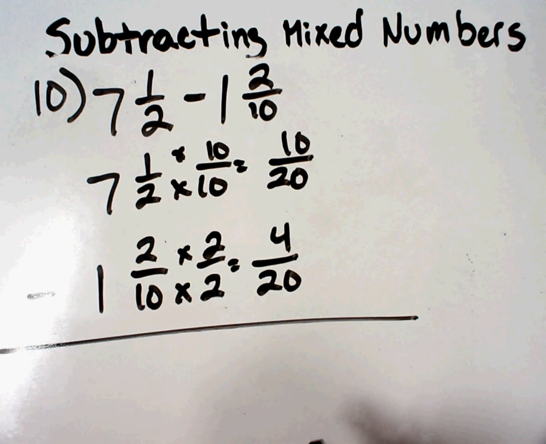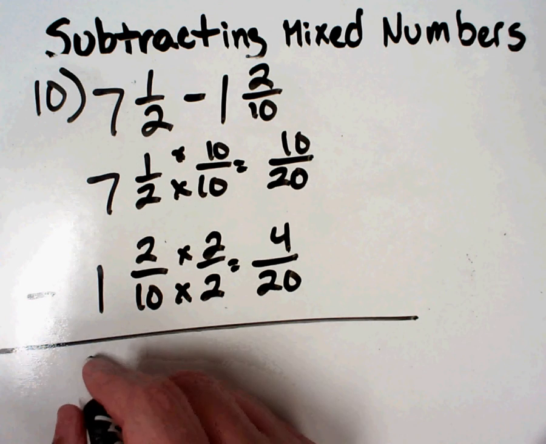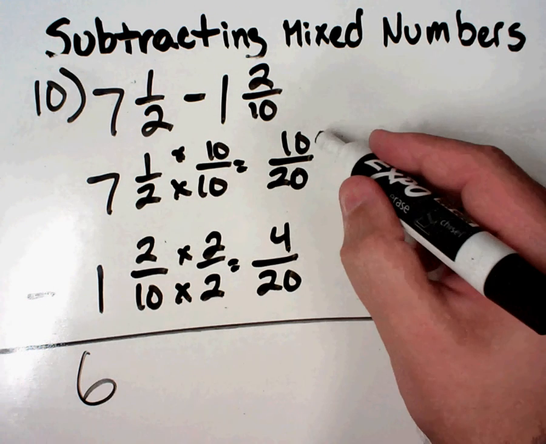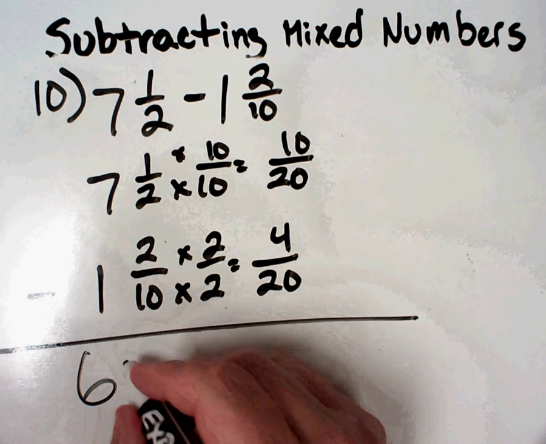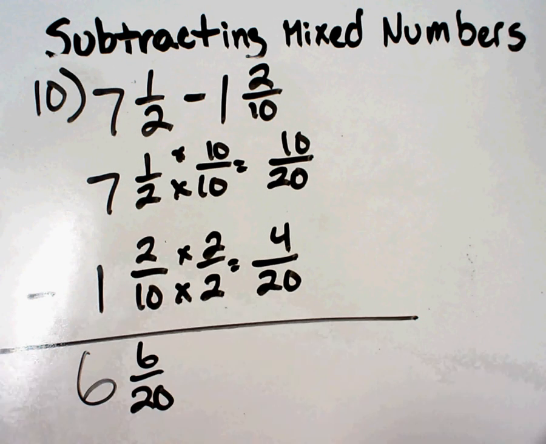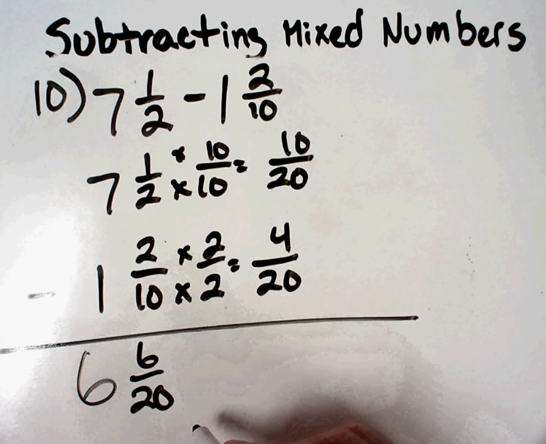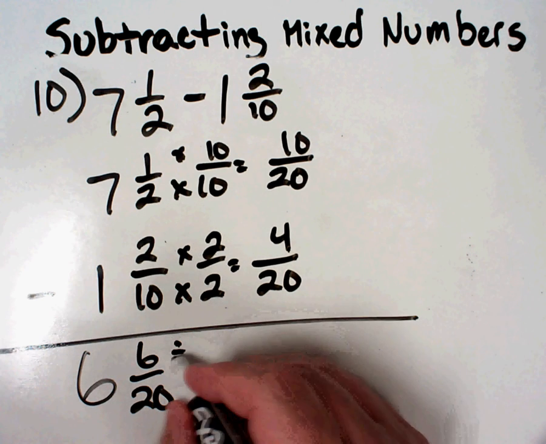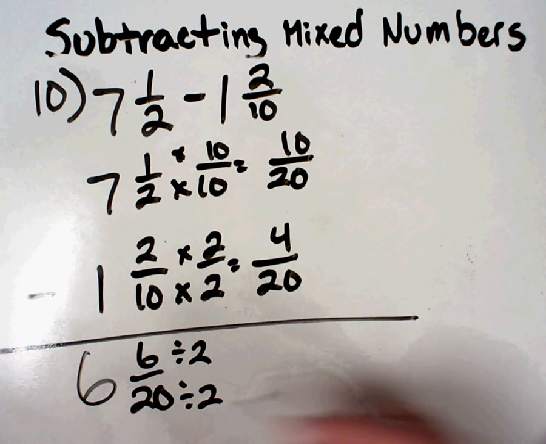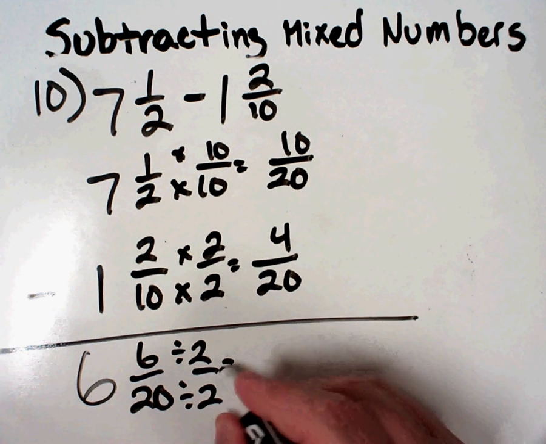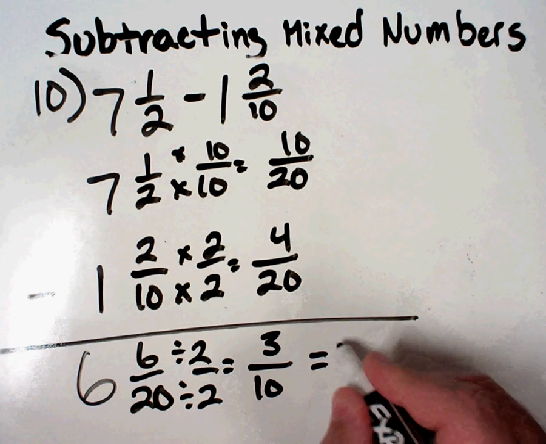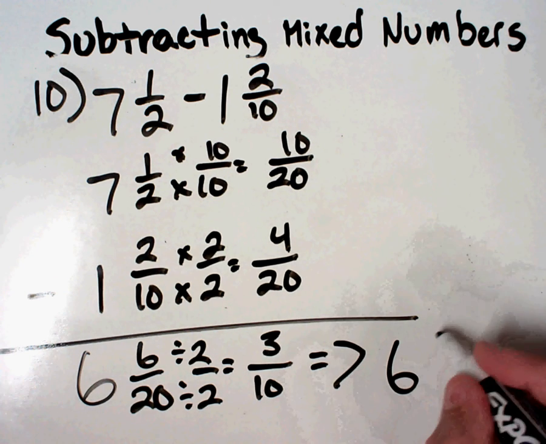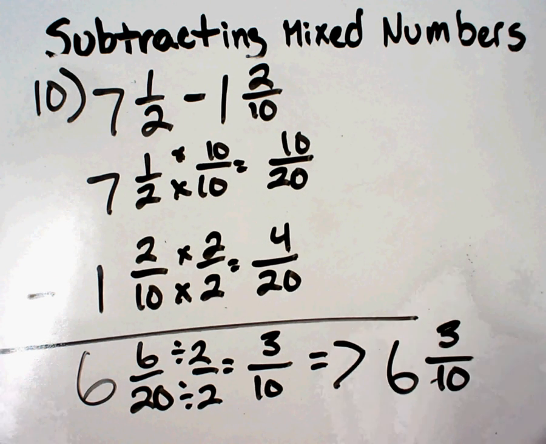So I'm ready to subtract. 7 minus 1 gives me 6. 10 twentieths minus 4 twentieths is going to give me 6 twentieths. 6 and 20 are even numbers, so I can divide by 2 because I need to simplify. It's going to give me 3/10, and so my final answer is 6 and 3/10.